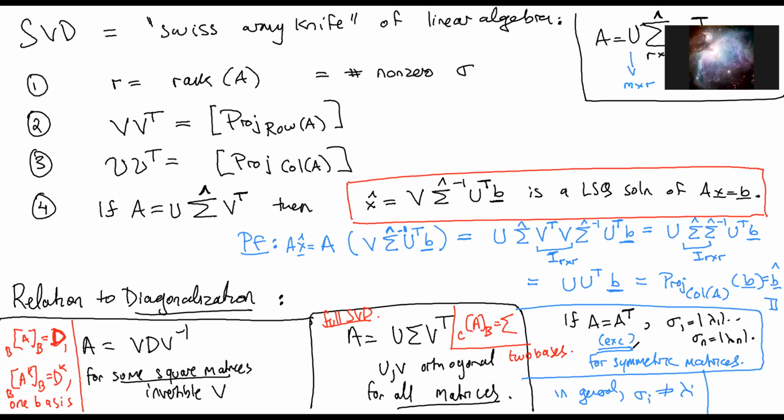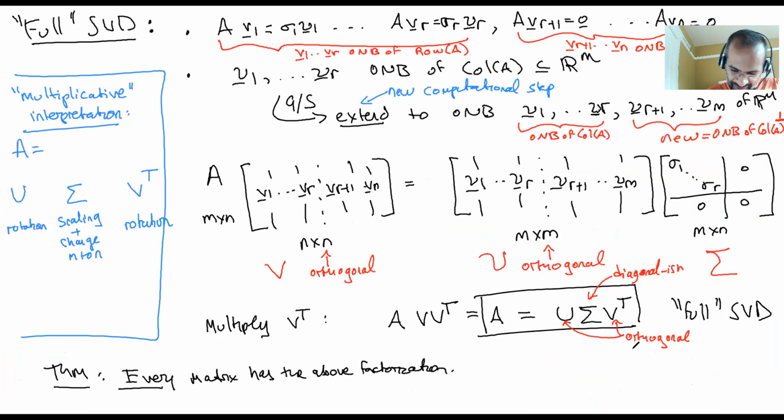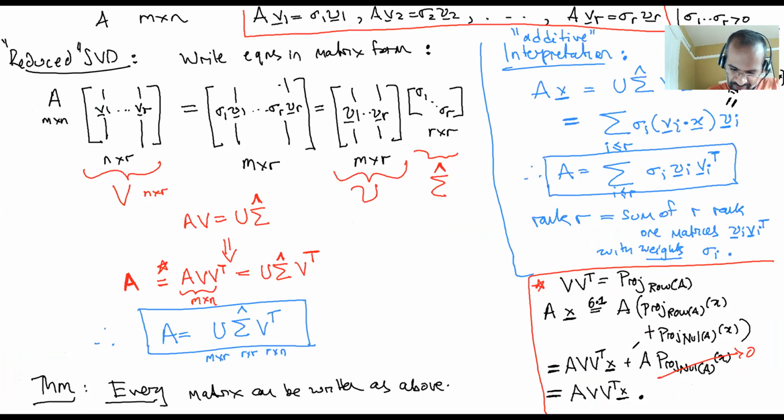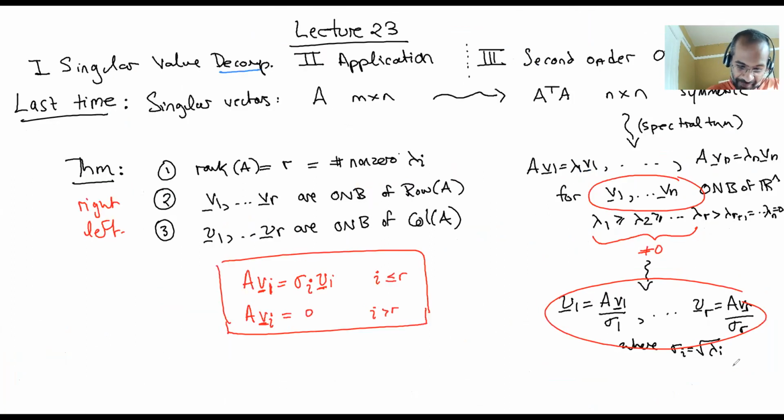I had a super quick question about the in general comment you just wrote. I thought that we defined sigma i as the square root of lambda i. Right, but remember, sigma i is the square root of lambda i, but lambda are the eigenvalues of A transpose A, not of A. Oh, okay. So this is the key difference.